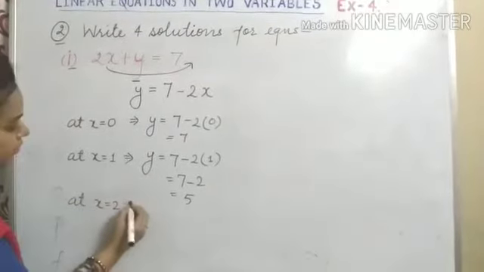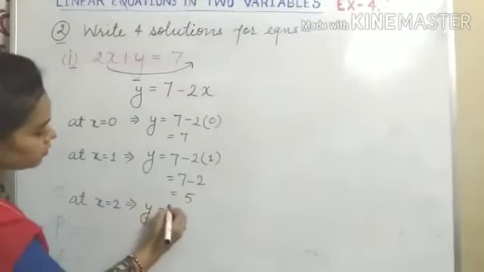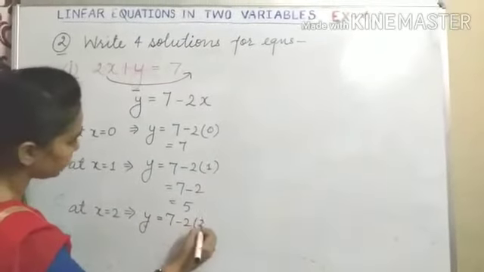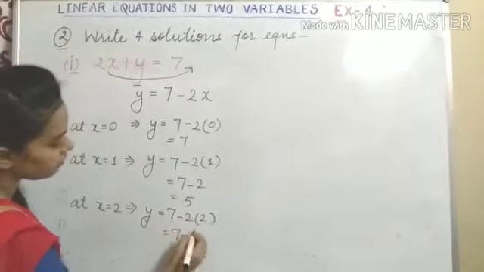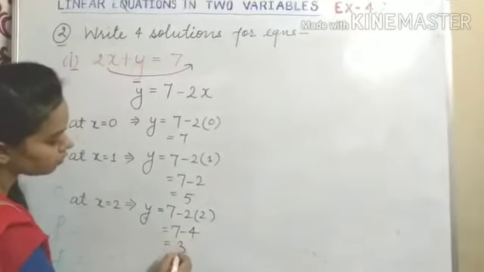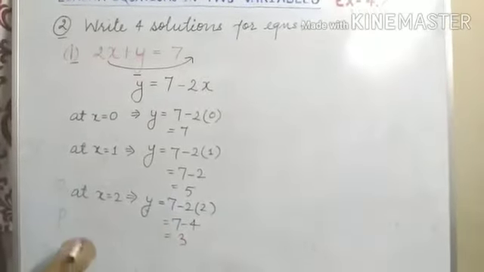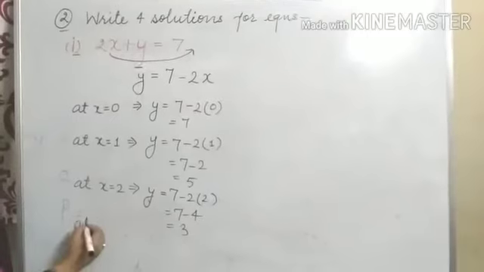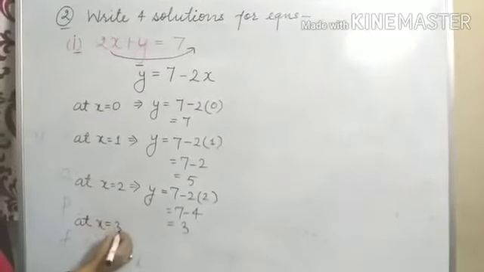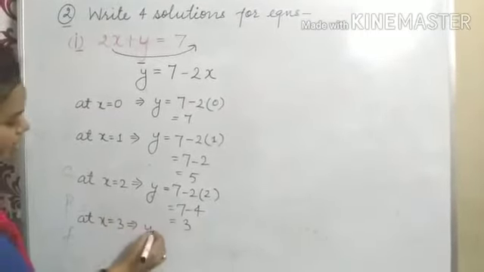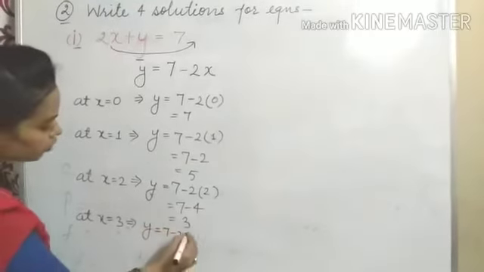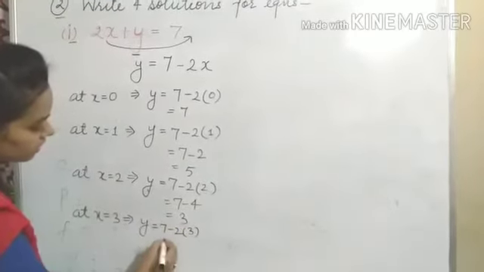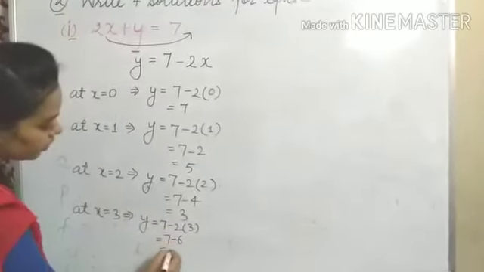Now, third solution, y equal to 7 minus 2 times 2, 7 minus 4 equal to 3. Now, the fourth solution, at x equal to 3, y is equal to 7 minus 2 times 3, that is 7 minus 6 equal to 1.